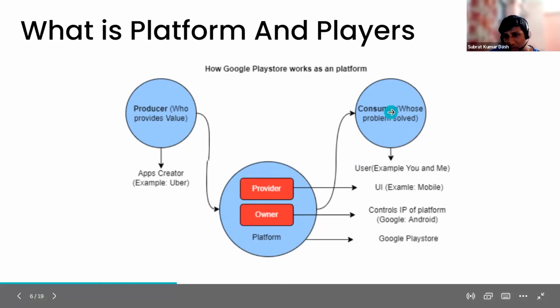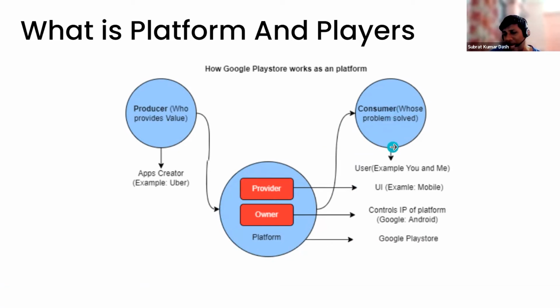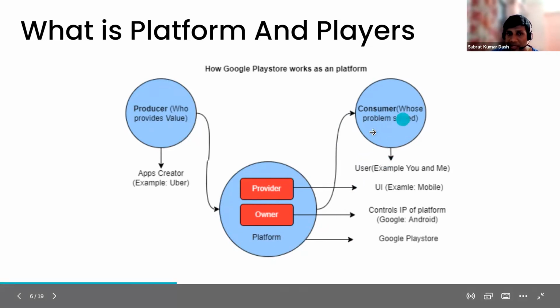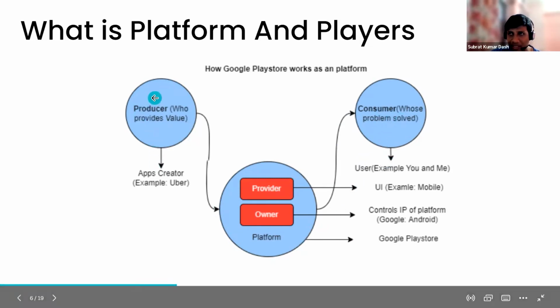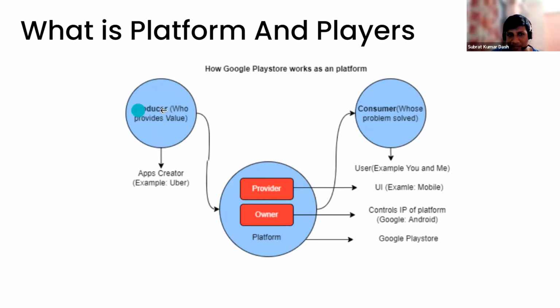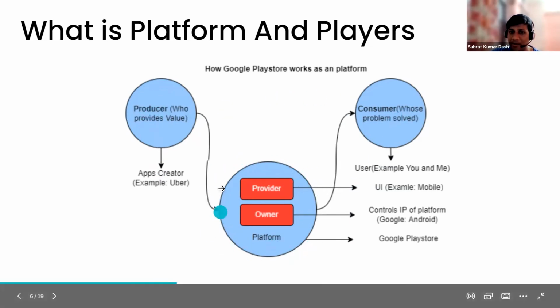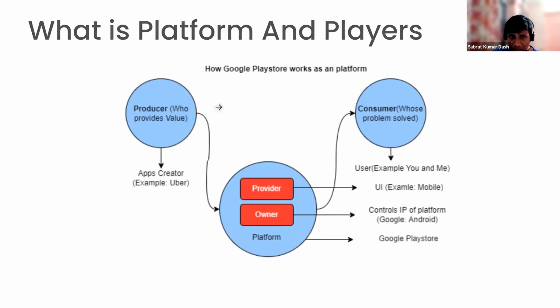One side is the consumer, who is looking for an app to solve his problem and will use it for some purpose. And we have a producer who gives that benefit to the user through this platform. So in a platform, essentially you have three players: the producer, the consumer, and the platform, which can be owned and provided by the same people or by different people. This is the typical platform model.